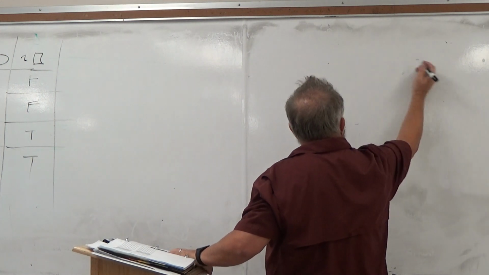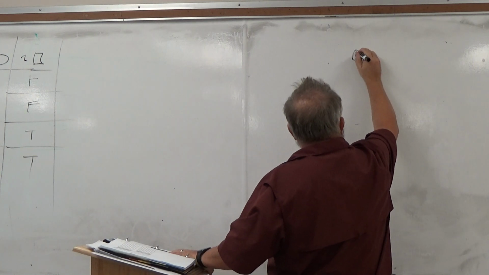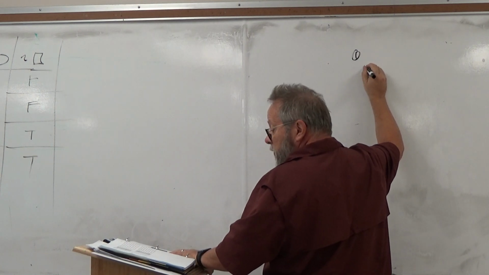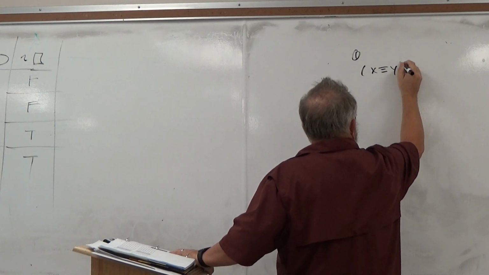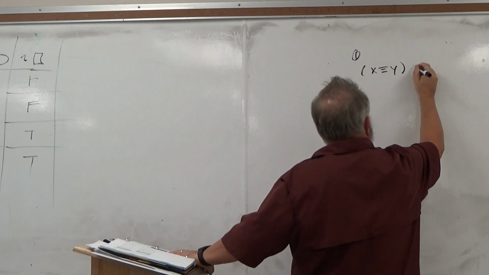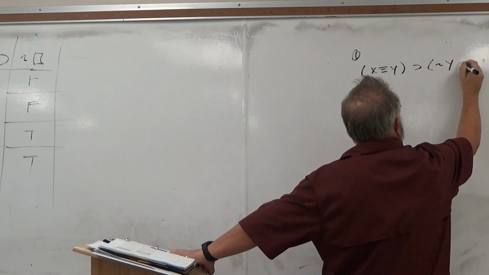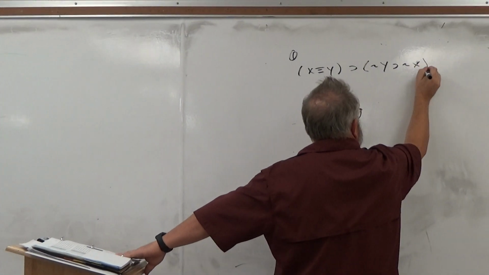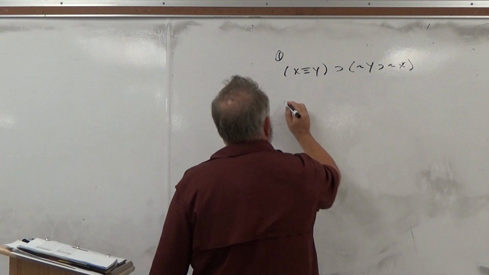So let me show you how to do this. So suppose we have, this is number 1, and on 3.3, we have x if and only if y, then not y, then not x. And we got to figure out when this is true and when this is false.